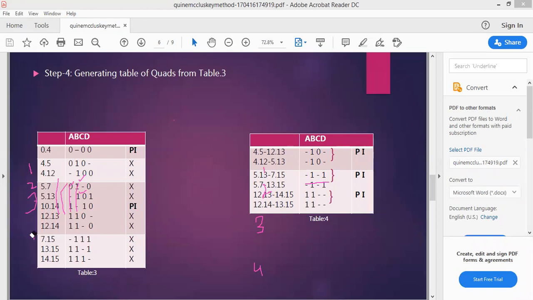So this is table 3, in which we have performed grouping from the previous table.